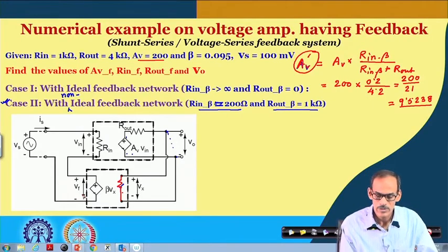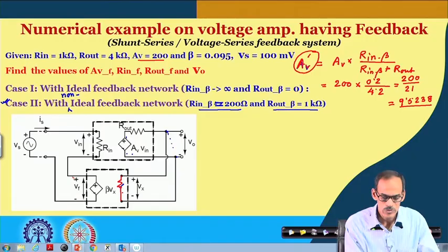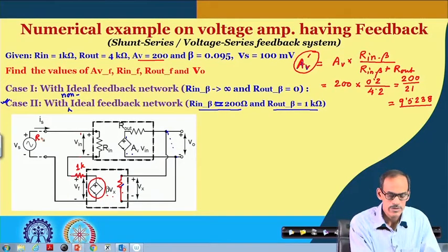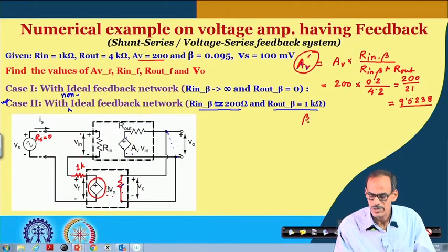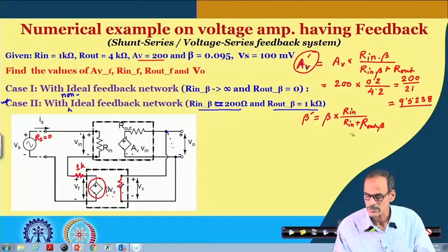Likewise, when you see the feedback network, since we have output resistance of 1 K, whatever voltage we are developing here, beta into V x, is not directly coming there. In fact, if I consider R s equals 0, the corresponding load affected beta, called beta dash, is equal to beta multiplied by R in divided by R in plus R out of the feedback network.